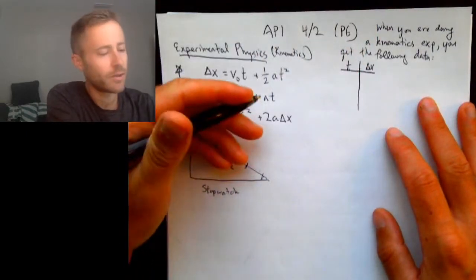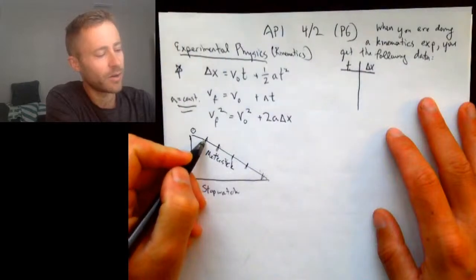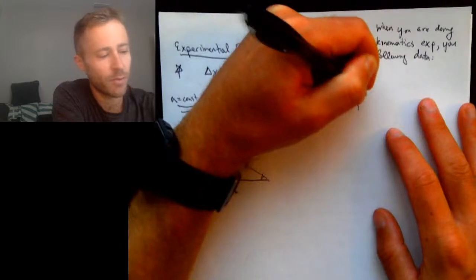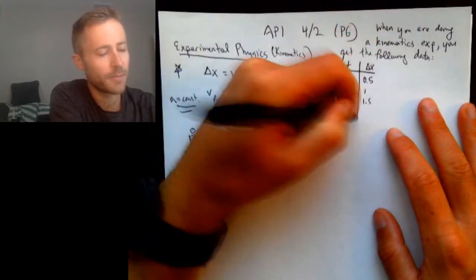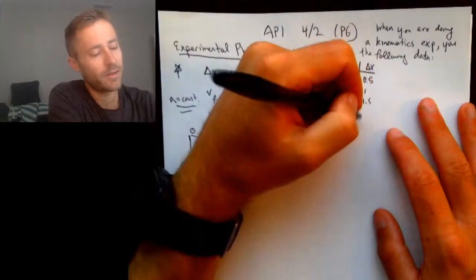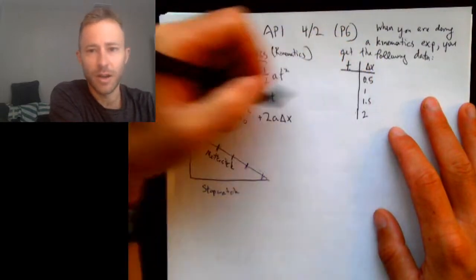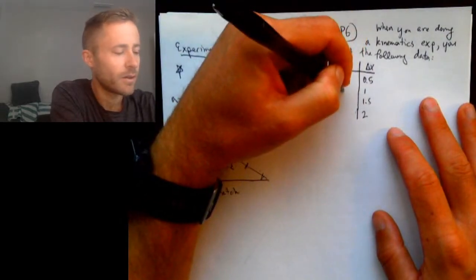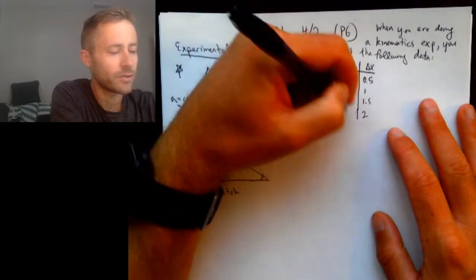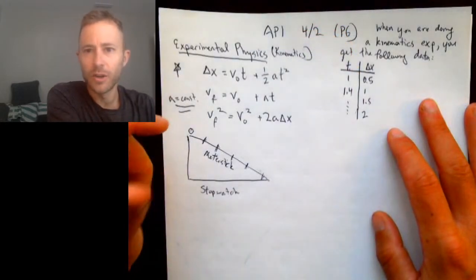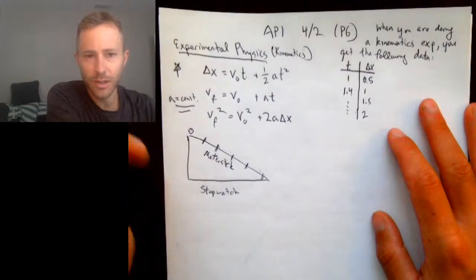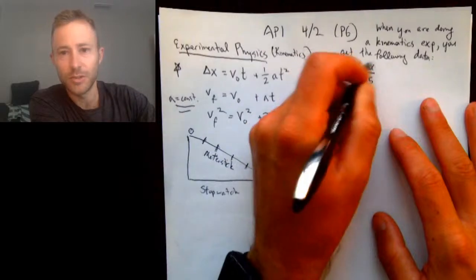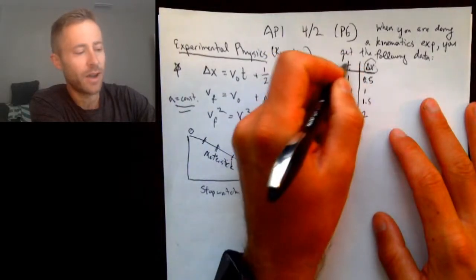Maybe these are 50 centimeters apart, so the displacements are 0.5, 1, 1.5, and 2, and then maybe the times are 1 second, 1.4 seconds, and so on. So when you are doing a kinematics experiment, the data you are collecting is position and time.